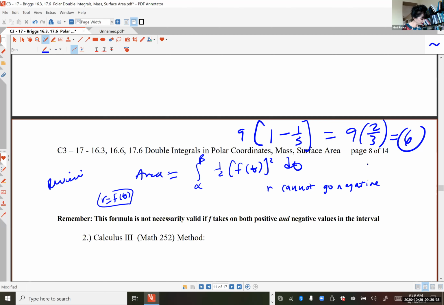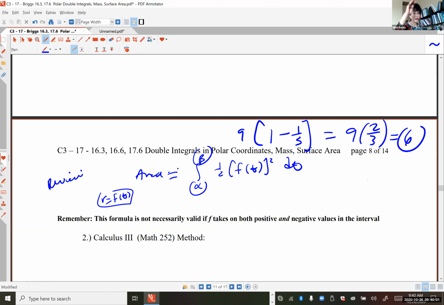Let me rephrase this. I misspoke. In order for this formula to work, and this is also true for us, if r goes positive and negative on this interval, alpha to beta, you're screwed. You probably will get the wrong answer. So you have to be sure to pick an interval where either A, r is positive the whole time, or B, r is negative the whole time.